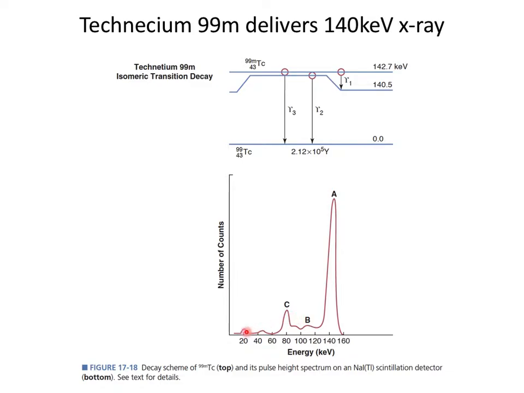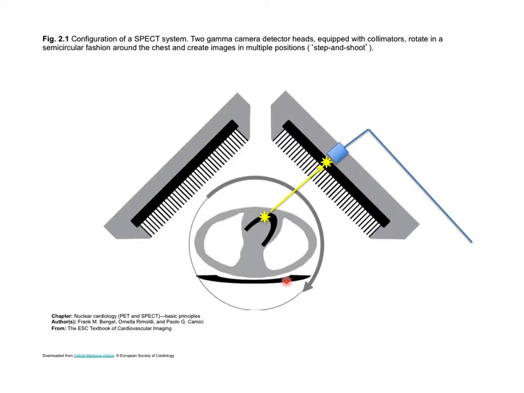Other stuff occurs from the same molecule, but you can filter these out by this energy filter or discretization. So if you get an event at a low energy, you don't look at it.